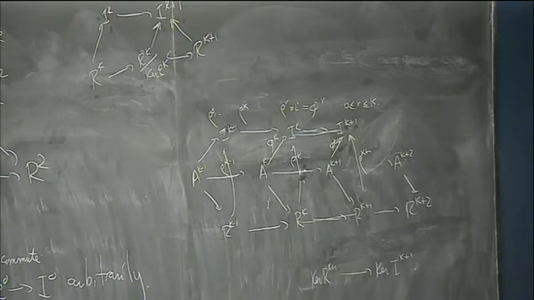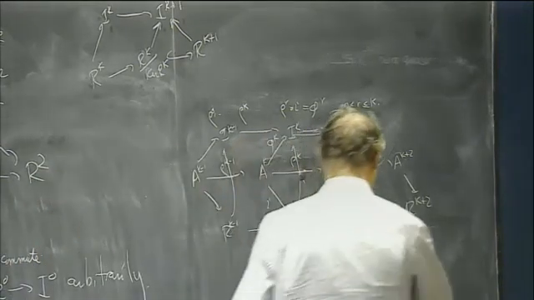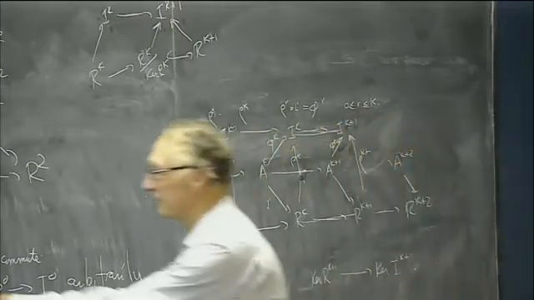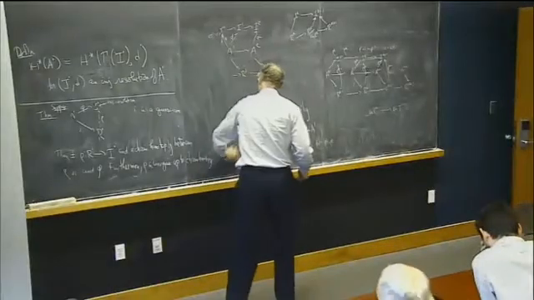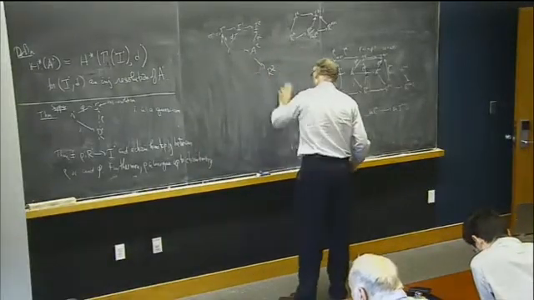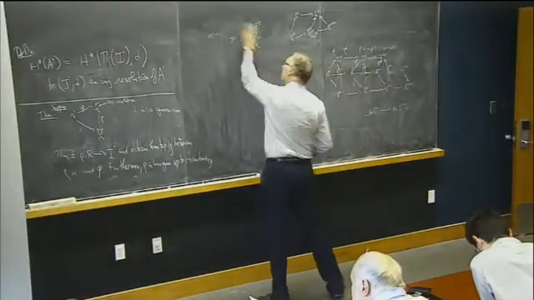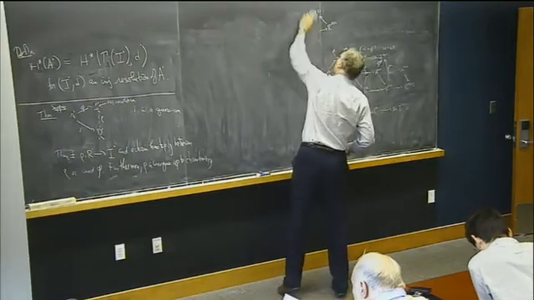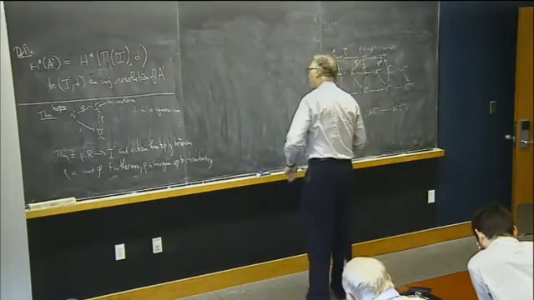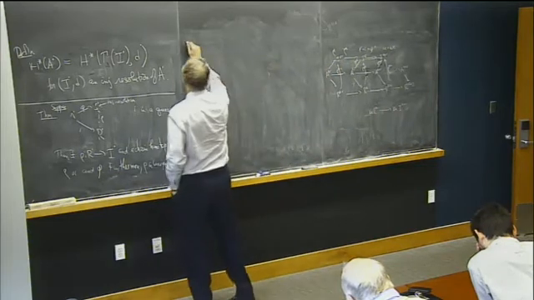So let me say what we've done. I'll put this statement aside and come back to it. So what we have is, given all these theorems, we have two models for the derived category.